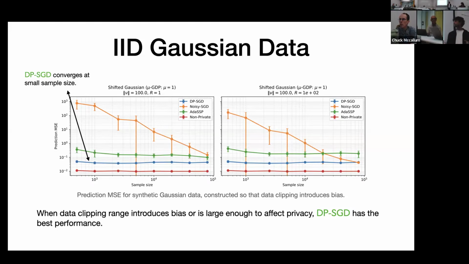Consequently, we conclude that when the data clipping range is going to introduce bias, as on the left side, where we clip at R equals 1 while our covariates are very far away from the origin, about 100 units of magnitude on a dimension, DP-SGD does well. And on the right, when we take the radius to be sufficiently large to include most of these covariates, the additional error introduced by this choice, because our utility and privacy guarantees depend on the choice of radius, DP-SGD still has the best performance. We see that the trade-offs are a little worse than they were in the case where the data was nice and sufficient for this optimization case.